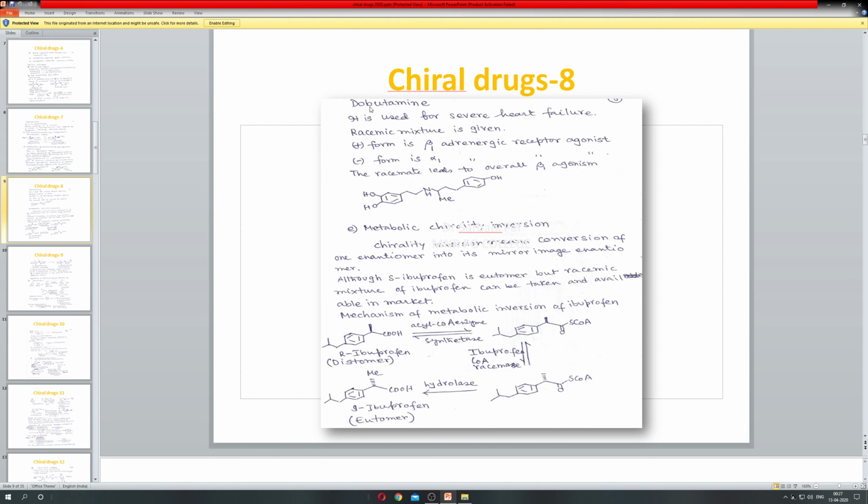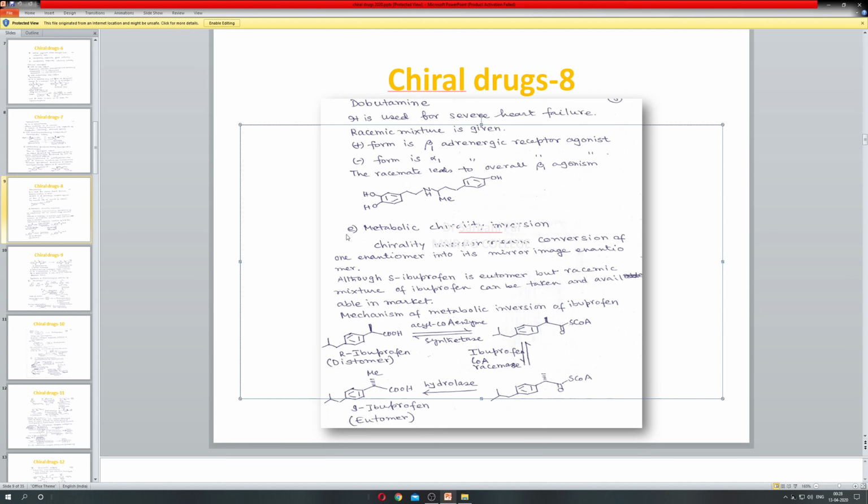Now another example of the synergistic effect is dobutamine. Dobutamine is used for heart failure, for the treatment of cardiac patients. And dobutamine is used as a racemic mixture. Because of the different modes of action of plus dobutamine and minus dobutamine, the combination will have a better effect on the cardiac patient.